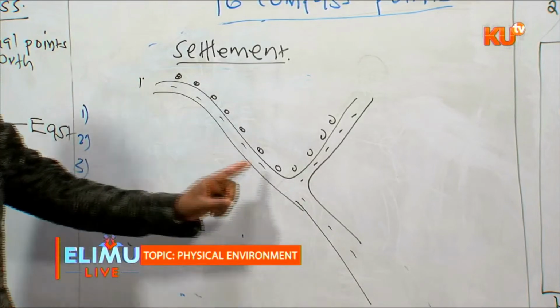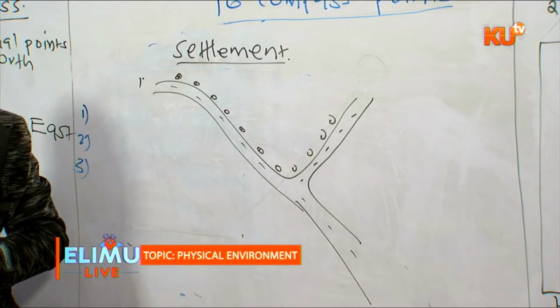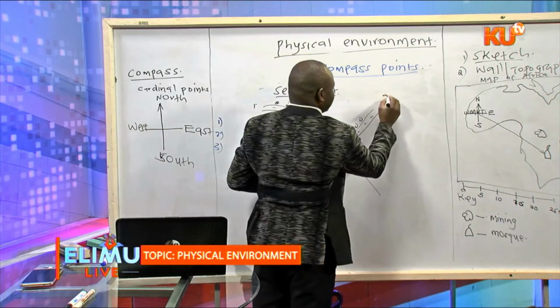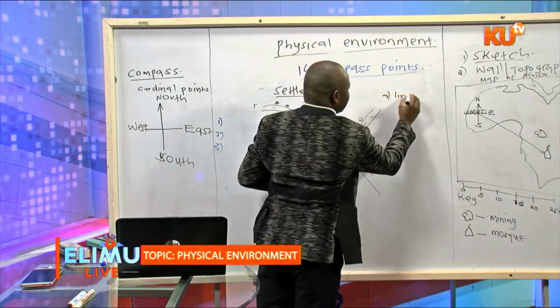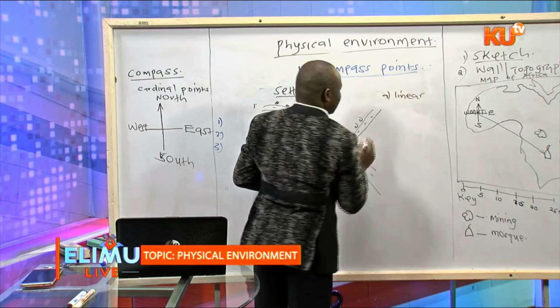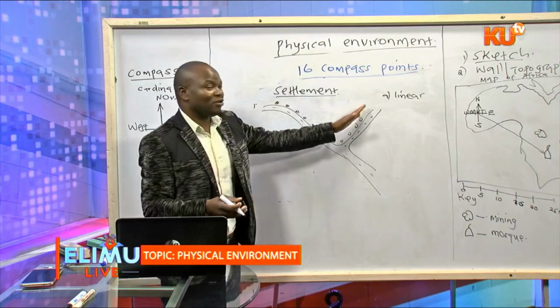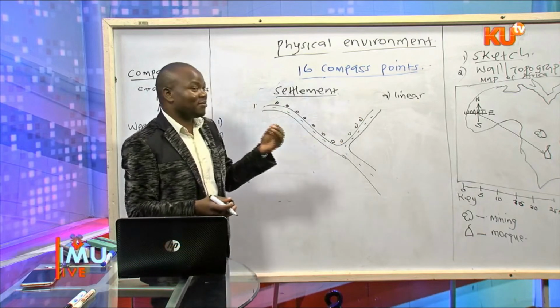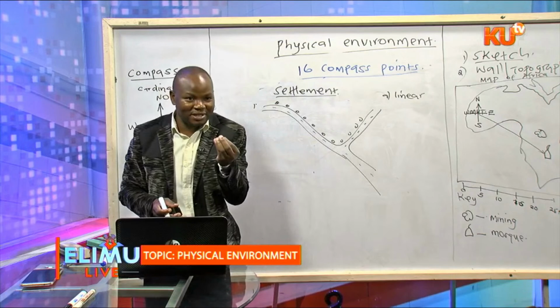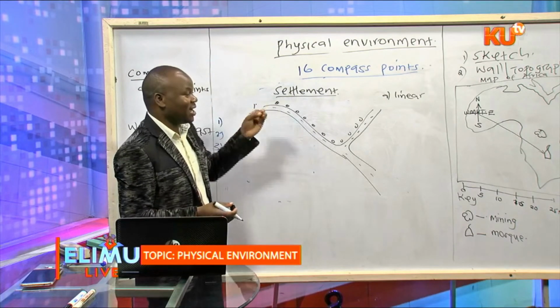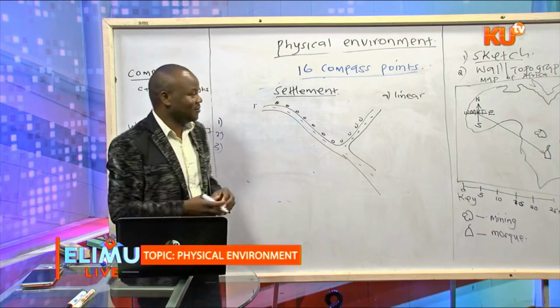When you find such types of population distribution, it is called linear. Linear. Why? Because it is found on a line along the road. So the settlements are mostly shown by the dots, whether they can be squared dots, and those dots are the indication that there is settlement.